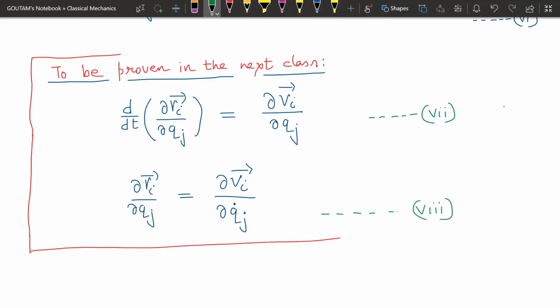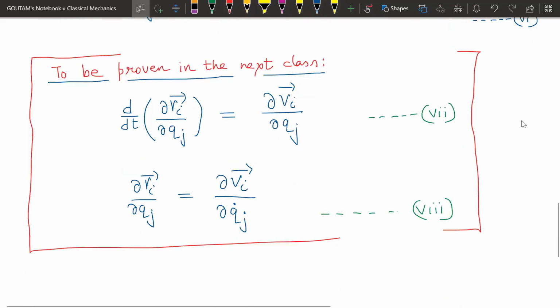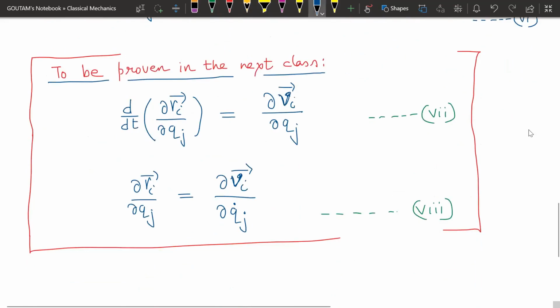These two equations I will prove in the next class. You can also try yourself. Here vi is the velocity, vi means dri dt. It's the definition of vi.